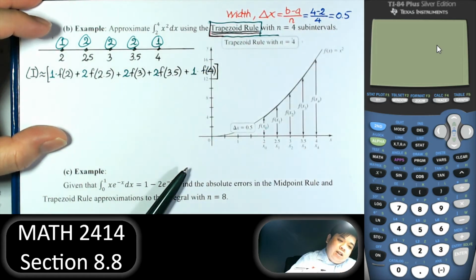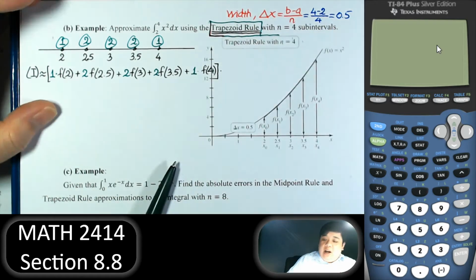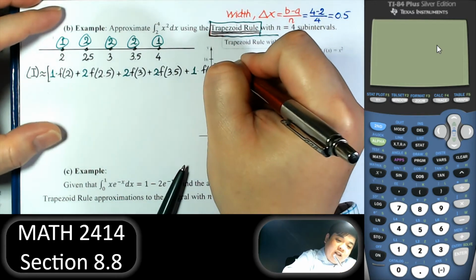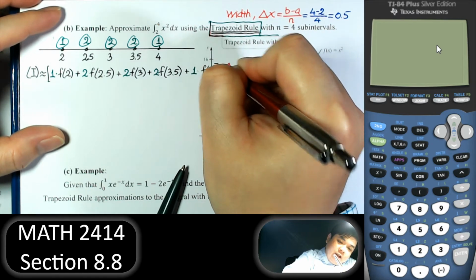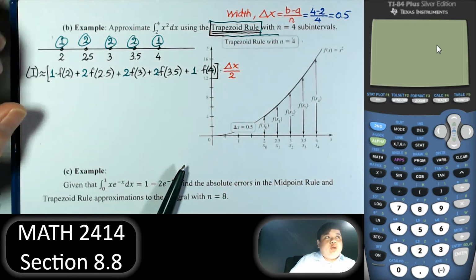Close that, and then times the formula's factor, delta x divided by 2. Remember, height divided by 2, so delta x divided by 2. So that is the trapezoid rule.